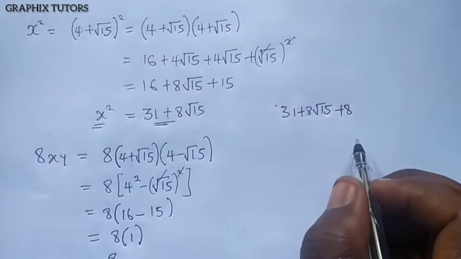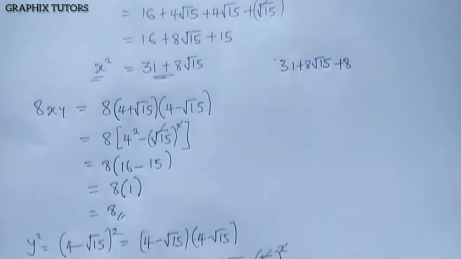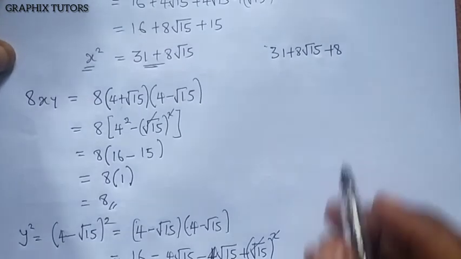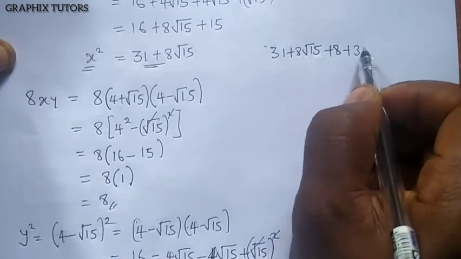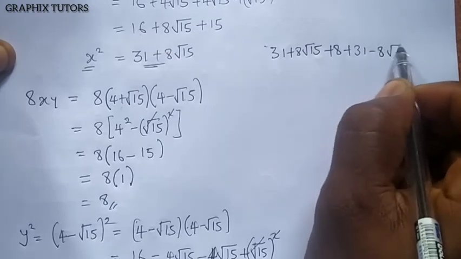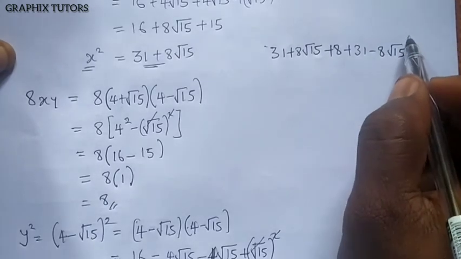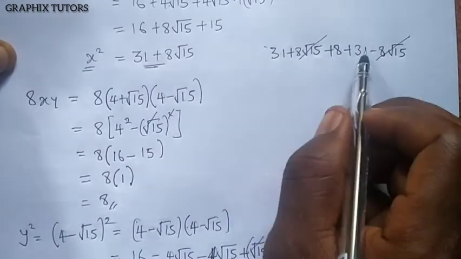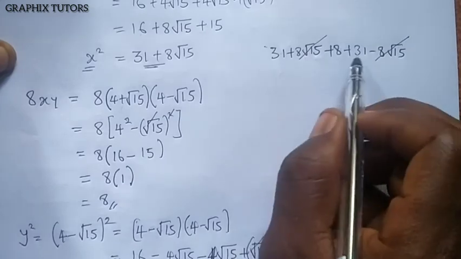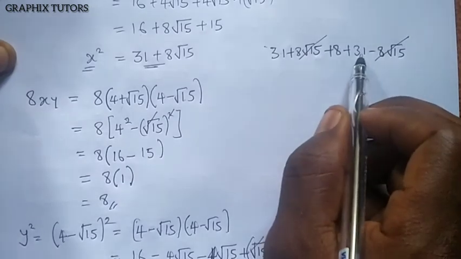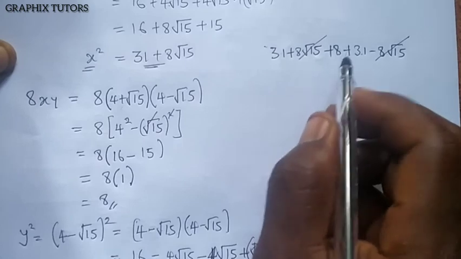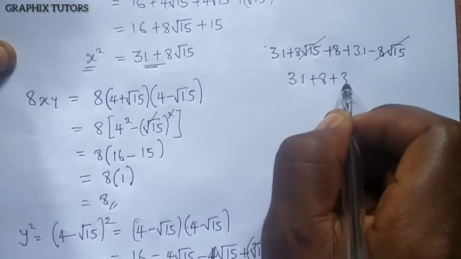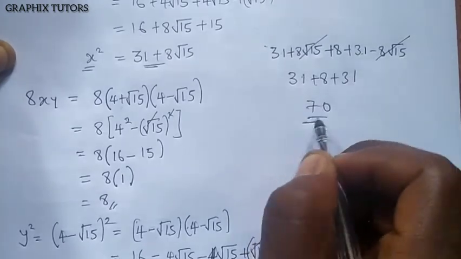The y squared is 31 minus 8 root 15, so we have plus 31 minus 8 root 15. The negative of this cancels the positive of this. So we're left with 31 plus 8 plus 31, which is 70. Our answer there is 70.